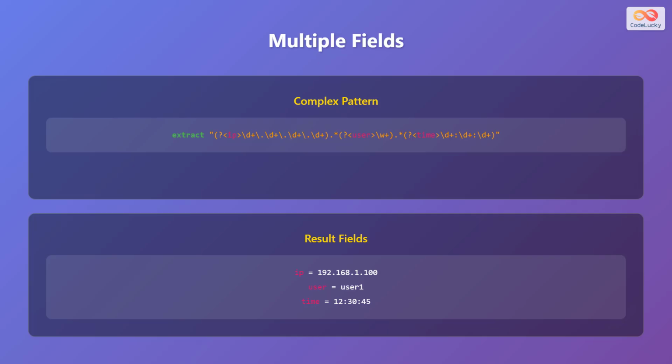The result creates separate fields: IP equals 192.168.1.100, user equals user1, and time equals 12:30:45. This approach is highly efficient for processing structured log data.